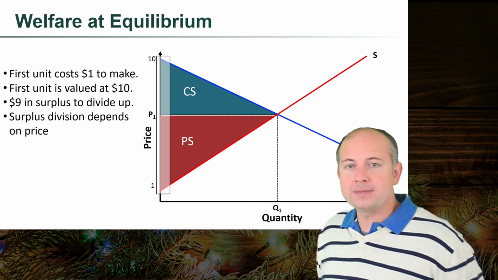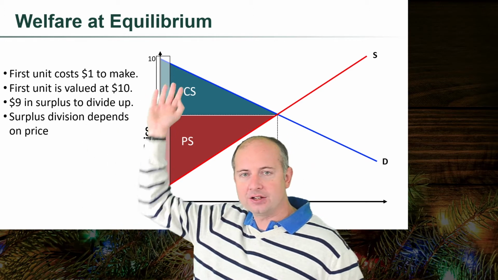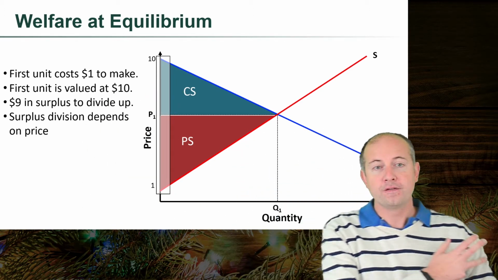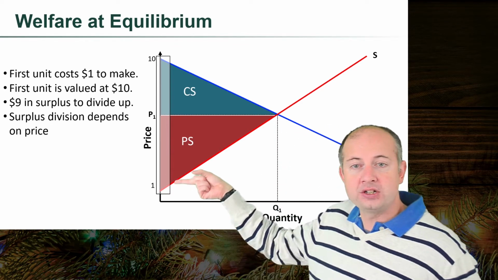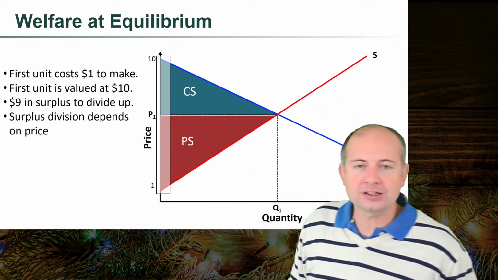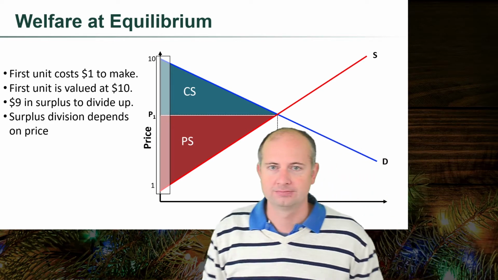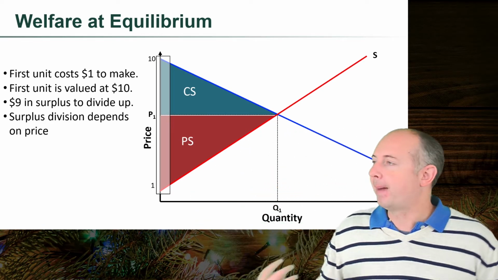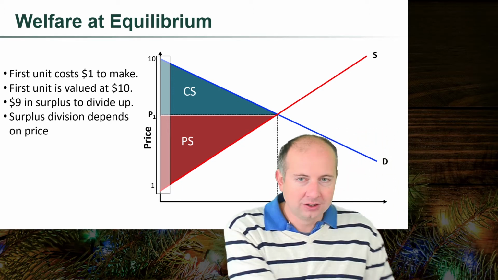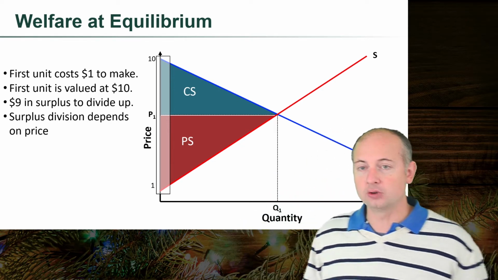So if the buyer pays $10, their full willingness to pay, they'll get 0 in surplus, but Dwight would get the full $9 in surplus. Made it for 1, sold it for 10. Or if the buyer is able to buy it for $1, then Dwight gets no surplus.